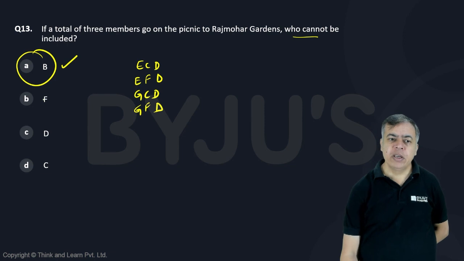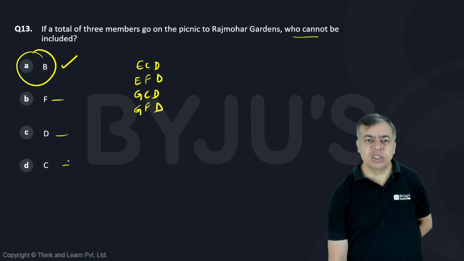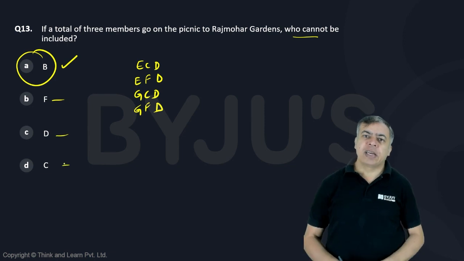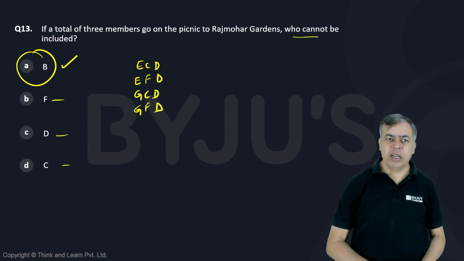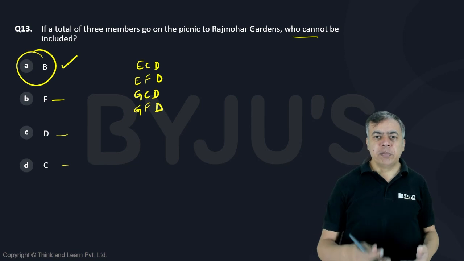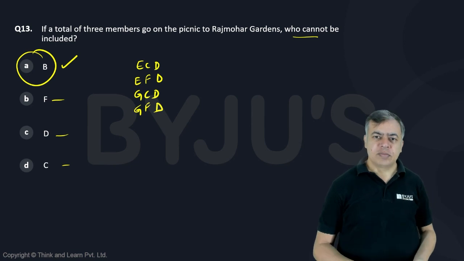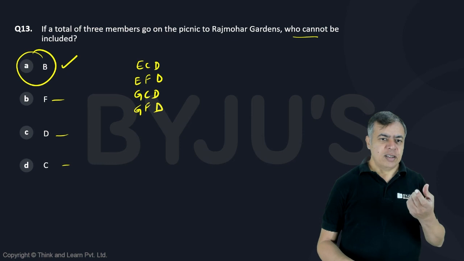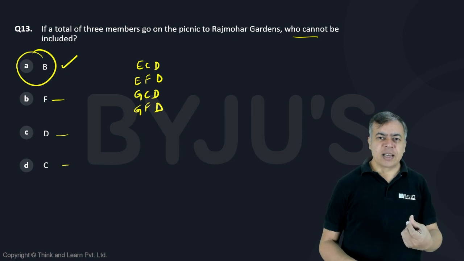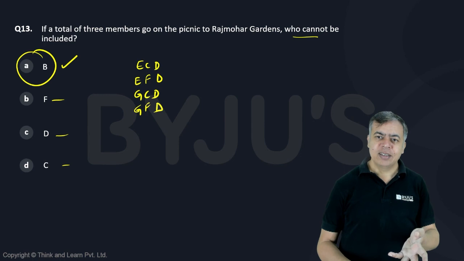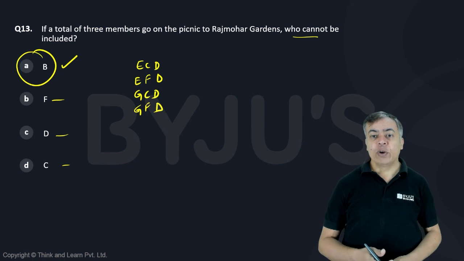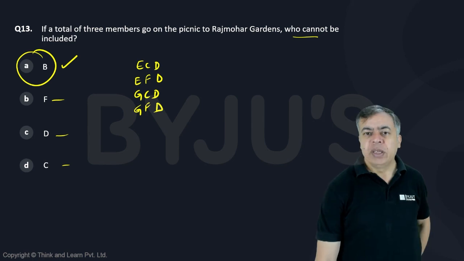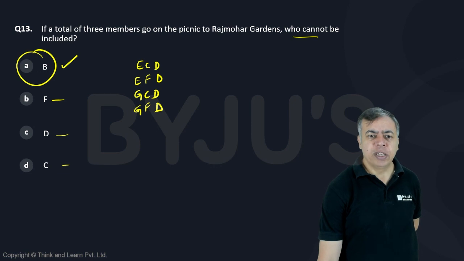F can be there, D can be there, C can be there, but B cannot be there, because with B you need to take A also, right? And then E or G is compulsory, one is head, and C or F is compulsory. Then if you take AB, the minimum number of members would be 4.